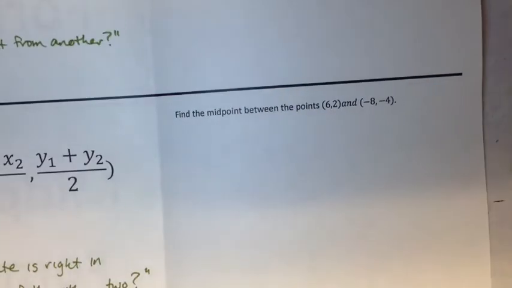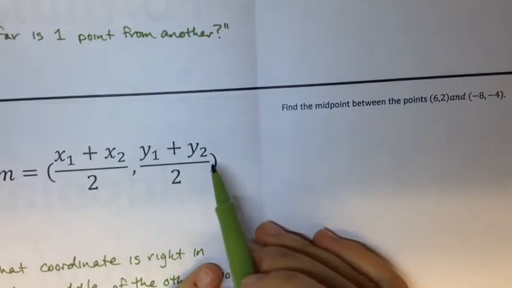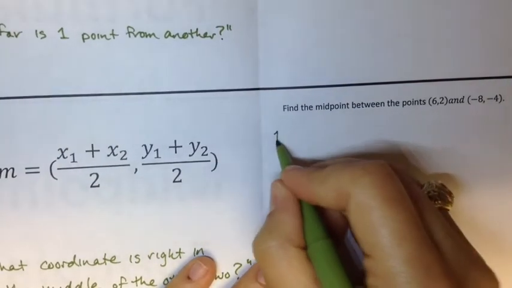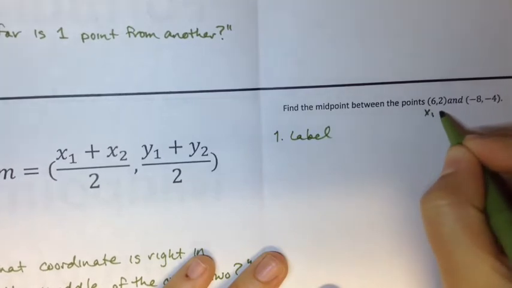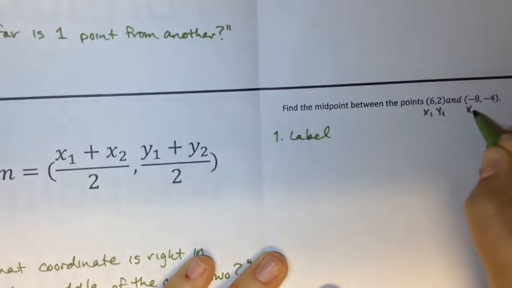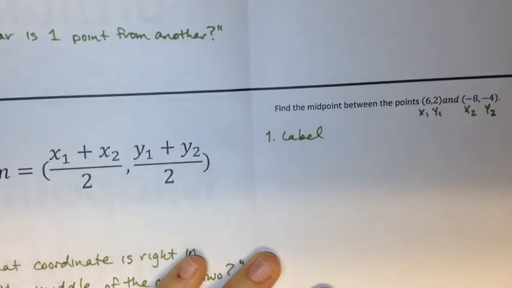So we're asked to find the midpoint between the points (6, 2) and (-8, -4). All we have to do, similar to the distance formula, is label things, plug them in, and calculate. So step 1, we're going to label x1, y1, x2, y2. Labeling, done.